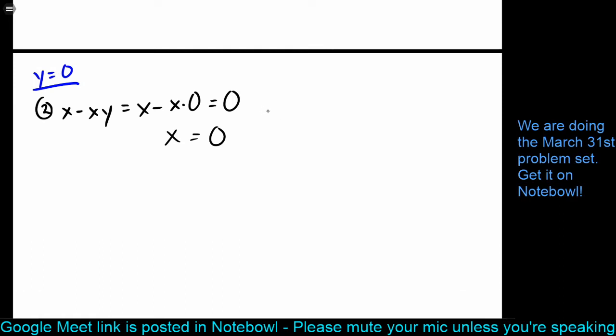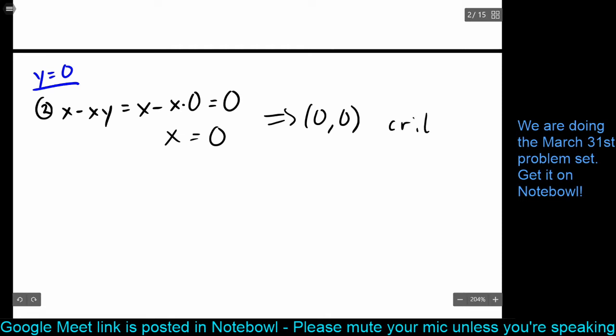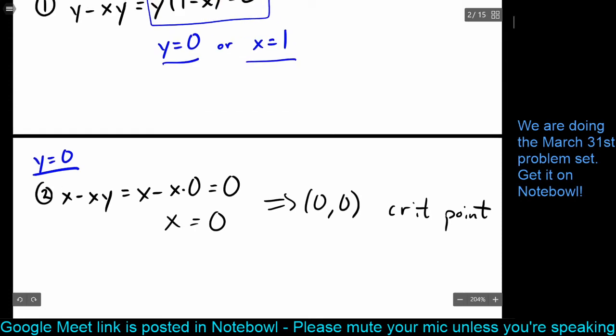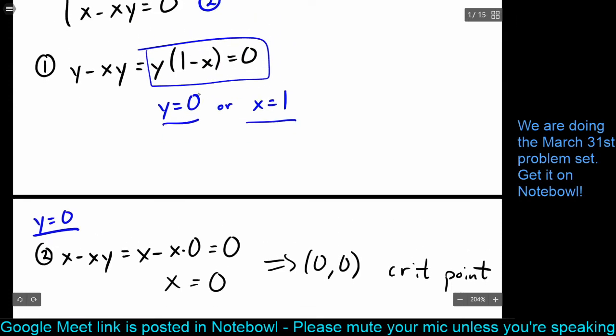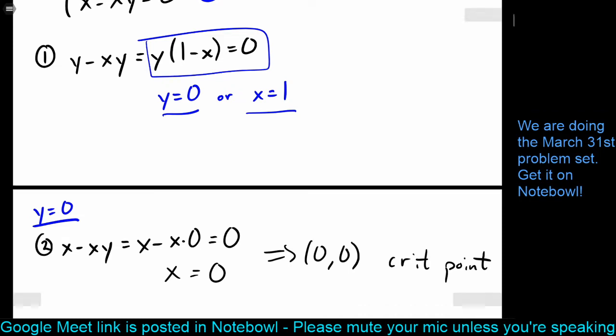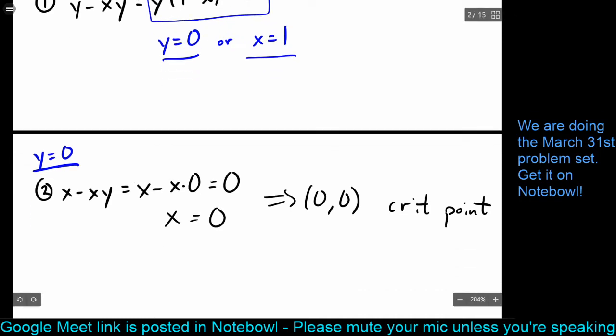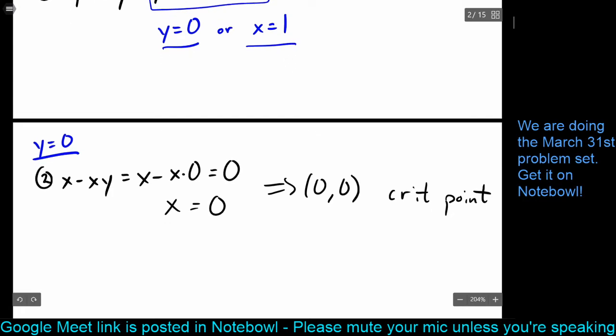So this means, altogether, that 0, 0 is a critical point. Because if y is 0, what needs to be true about the second equation boils down to x has to equal 0 for it to be true. So that's one critical point.